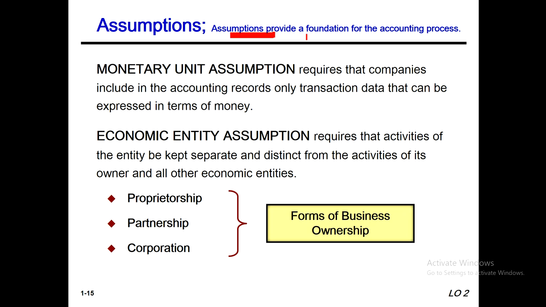Now assumptions. Assumptions provide a foundation of the accounting process. Monetary unit assumption means record only transaction data that can be expressed in terms of money, in terms of amount, in dollars, suppose.